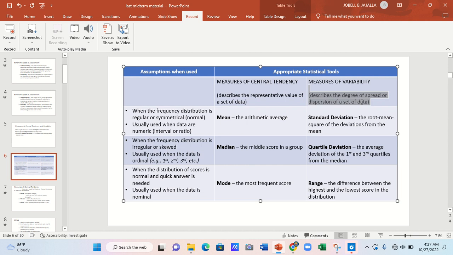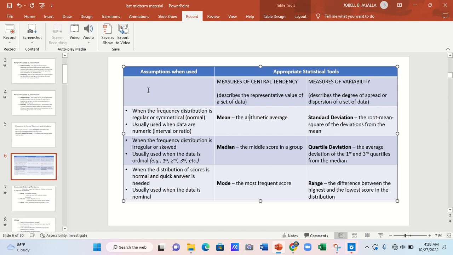We're only talking about the degree of spread or dispersion of the scores within a set of data. That is the concern of the measures of variability. For measures of central tendency, we have the mean, the median, and the mode. And for the measures of variability, we have the standard deviation, the quartile deviation, and the range.